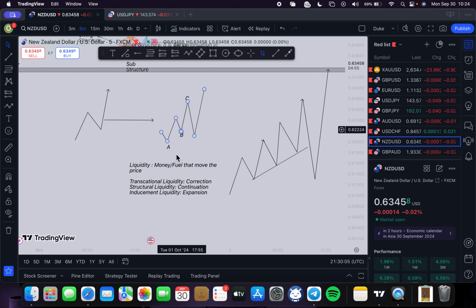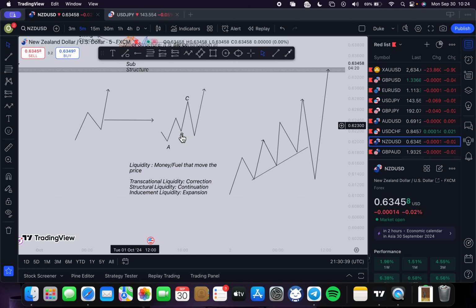So there are many types of structural liquidity. Remember that this structural liquidity is the continuation in the market. It always happens at the low before the main low.